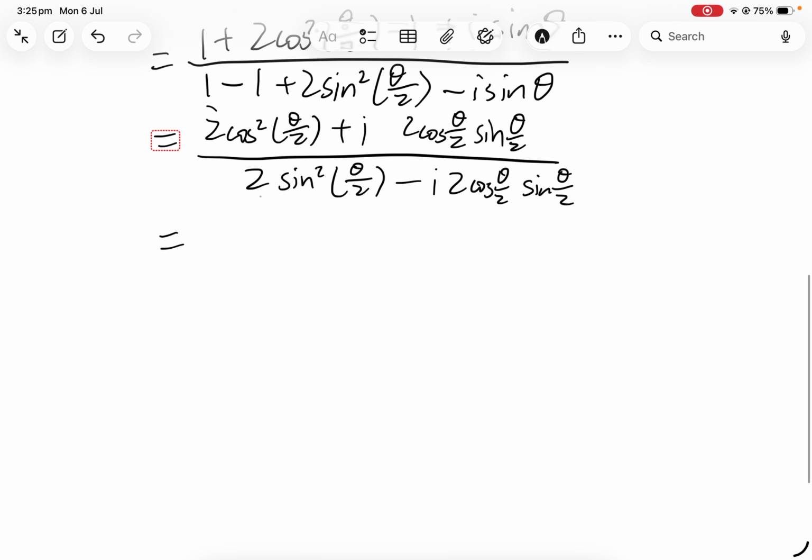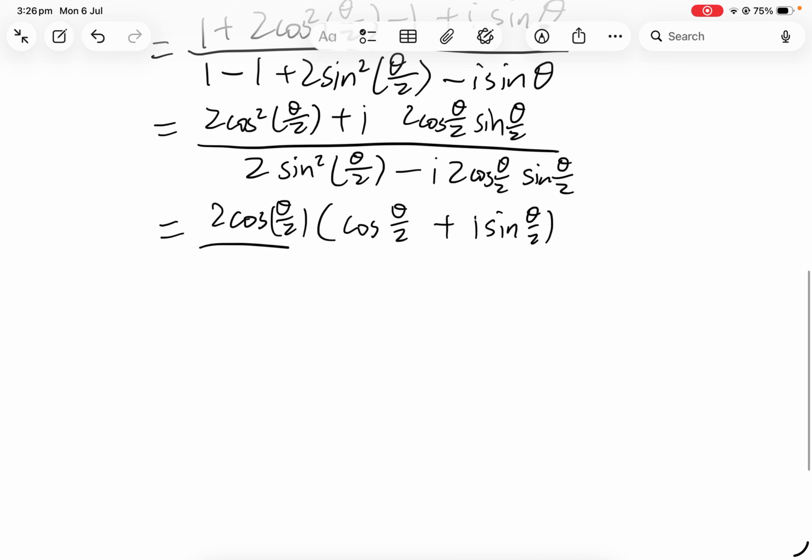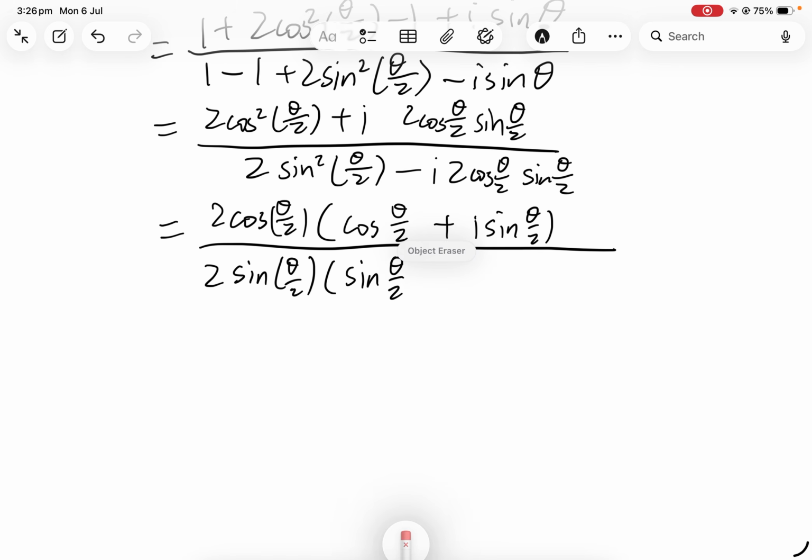We take the common factors out: 2 cos theta over 2 times (cos theta over 2 plus i sine theta over 2), all over 2 sine theta over 2 times (sine theta over 2 minus i cos theta over 2).